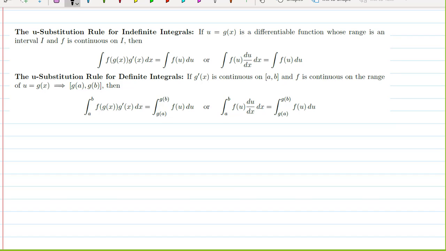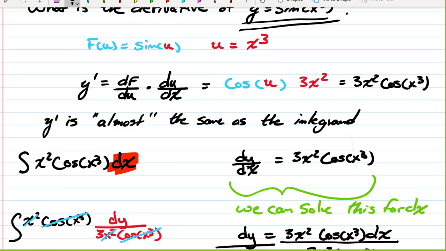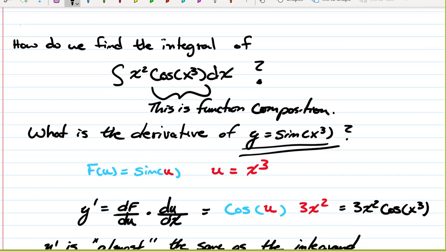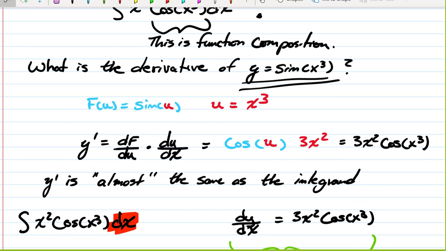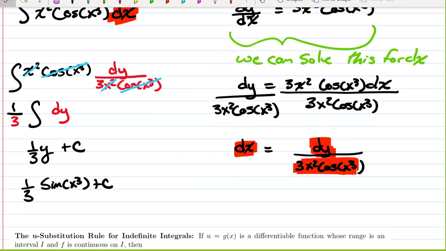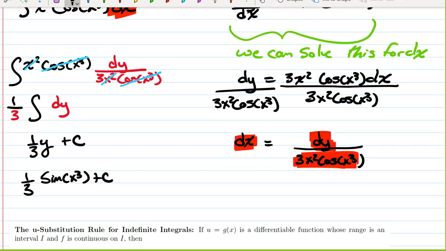And notice what happened: our dx's will reduce out, and we get a new integral in terms of the new variable u. So the big idea is we started with a function of one variable, x, and after using the chain rule, we substituted out and converted from a function of x to a function of a new variable.